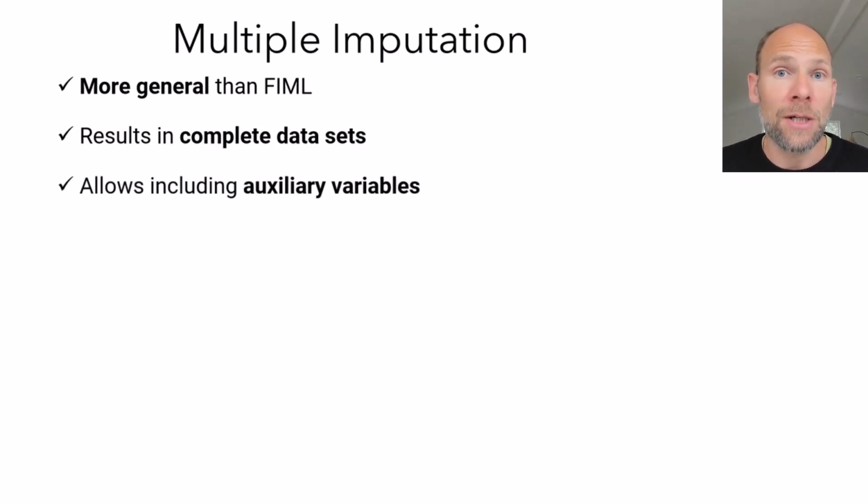Multiple imputation, like FIML, allows us to include auxiliary variables. However, with multiple imputation, those already have to be included in the imputation phase, not in the model estimation phase. That comes with certain difficulties, because if you have many variables that you want to include, then the imputations become more complicated and can be more computationally demanding.